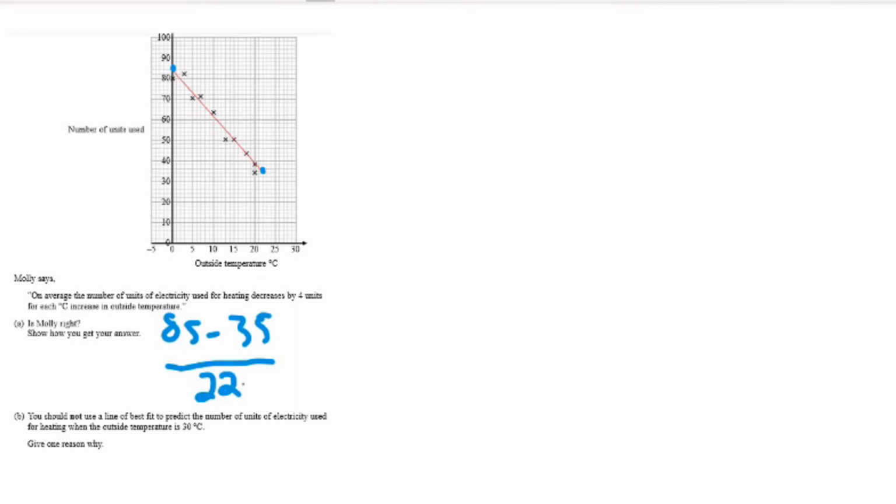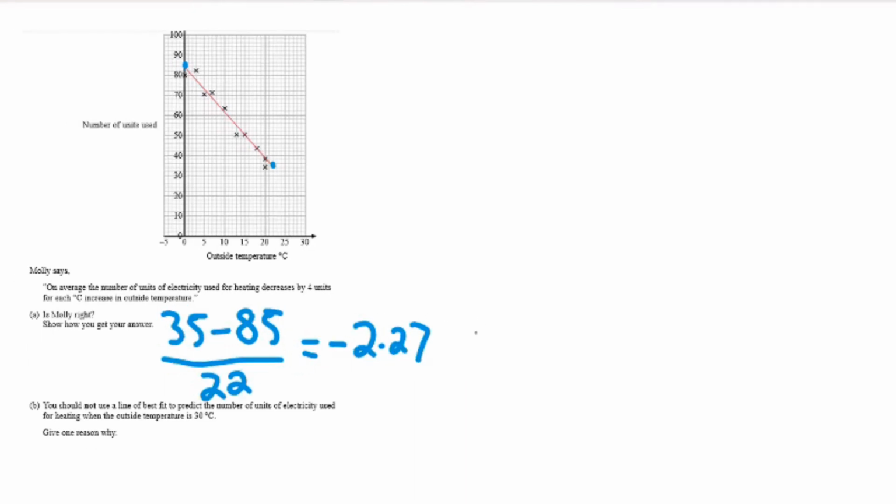This you can then plug into a calculator, so it's essentially 50 divided by 22, and this gets you a gradient of approximately 2.27, or minus. So is Molly right? No, because minus 2.27 is not the same as minus 4, so she is wrong.